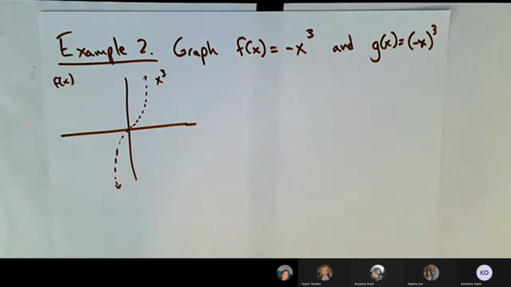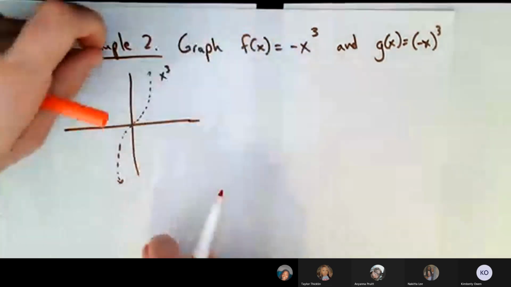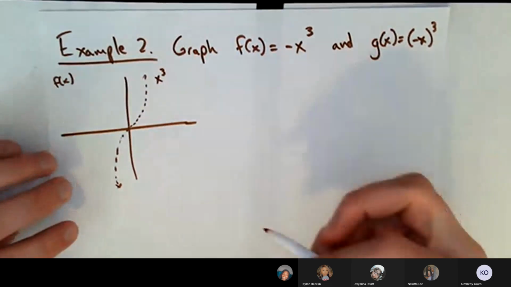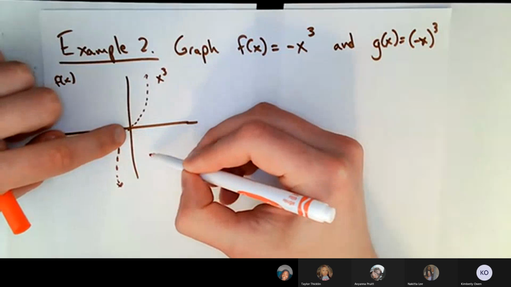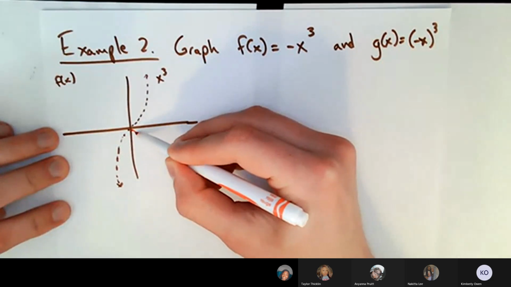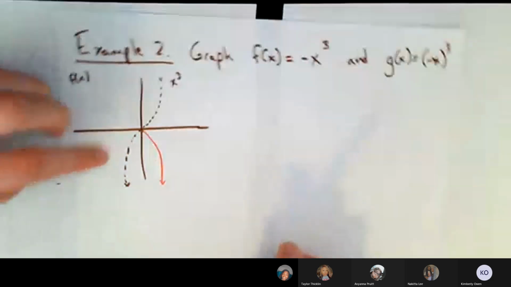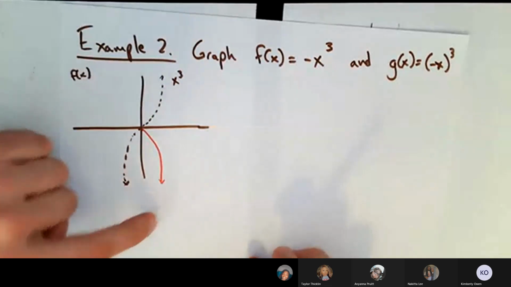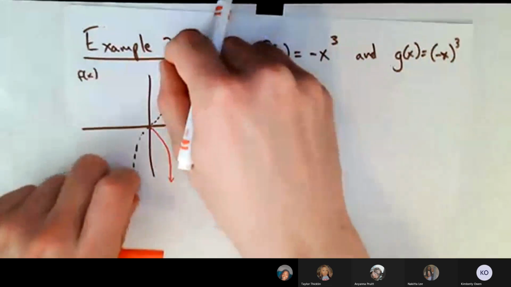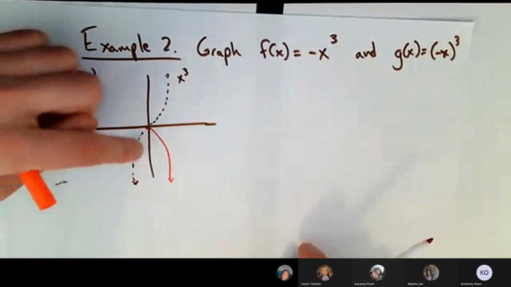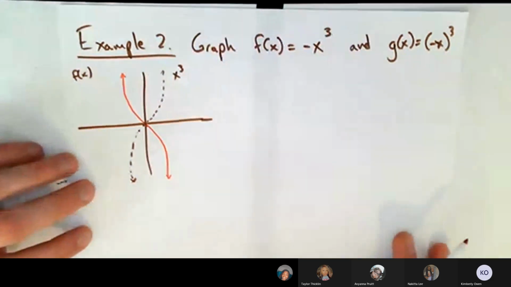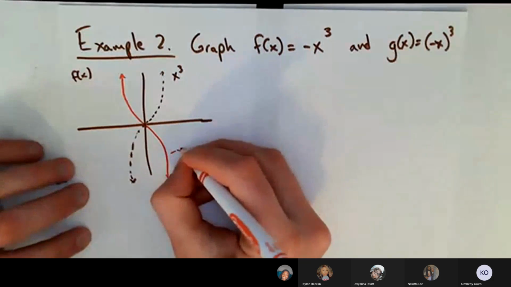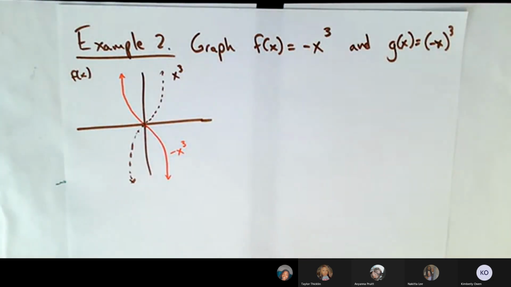Okay, so I'm going to help you all out here and show you what happens. If I flip this over the x-axis, so over the horizontal axis, then this part ends up mirror imaging down here. So that's this right-hand side flipping over the x-axis. So I'm going to take this and spin it around the x-axis. This part ends up flipping up here. There's my negative x cubed graph.